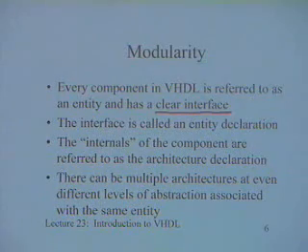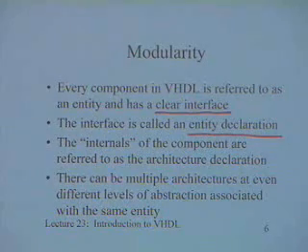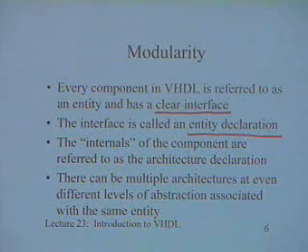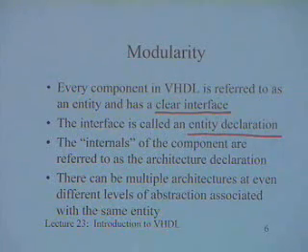The body is referred to as the architecture, we will come to that. The interface is called an entity declaration. You declare all your inputs and outputs through what are called ports, and you declare whether they are input ports or output ports, and what their width is, 1 bit, 2 bit, 4 bit, through an entity declaration.